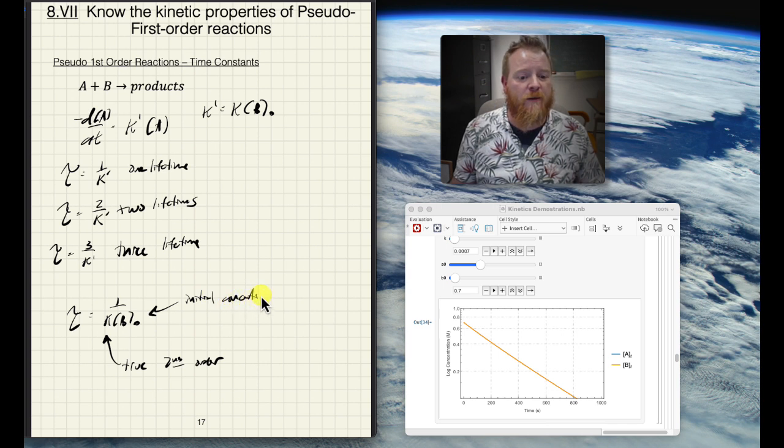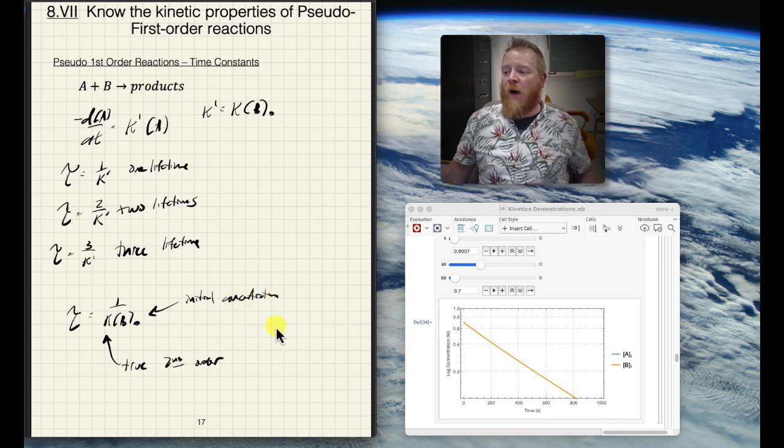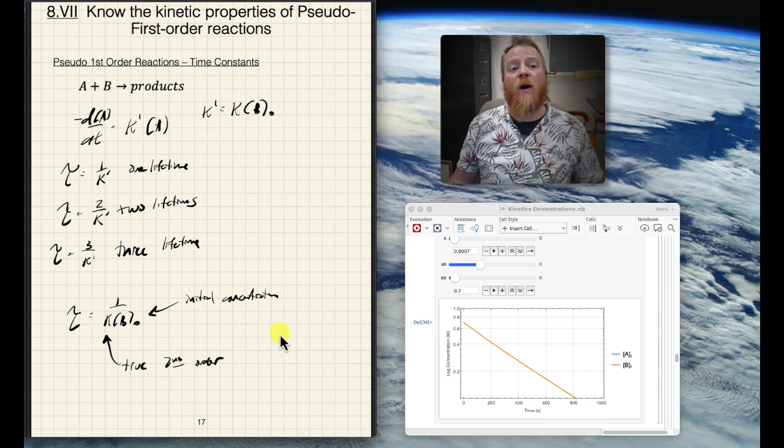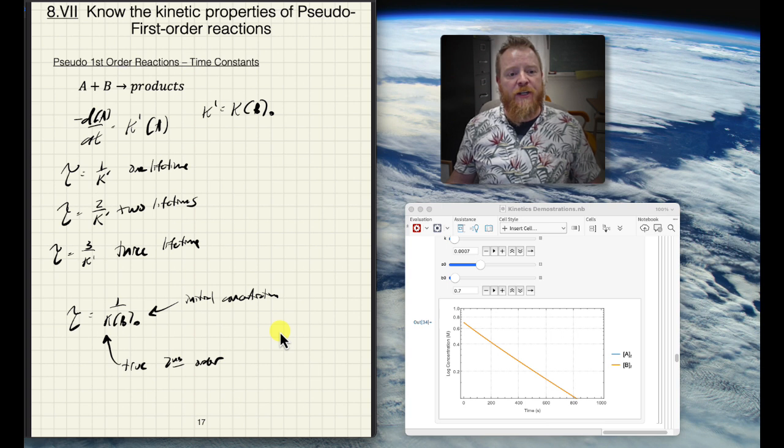So very similar to how a first order reaction would go, with all the same types of calculations.